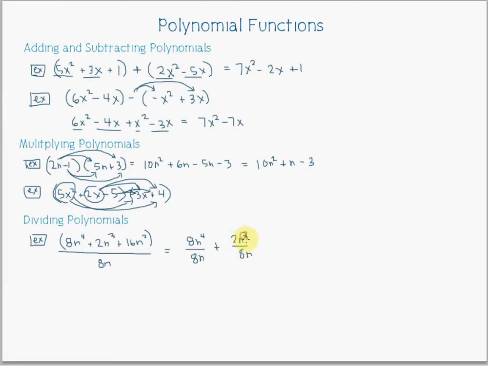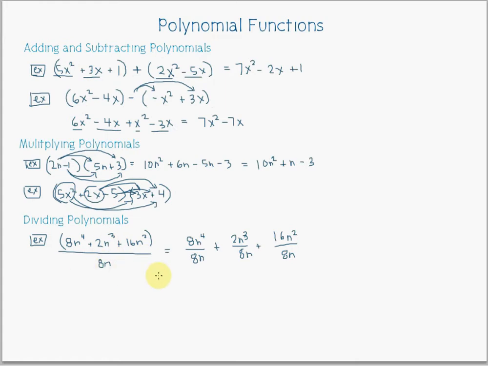So as long as we divide every term by that denominator, we can separate it out. Now what this does is it gives us an opportunity to simplify these fractions more so than we could with just leaving it all together as one.